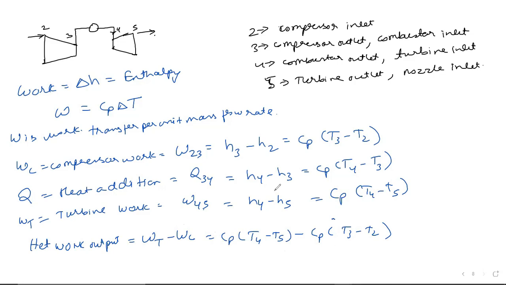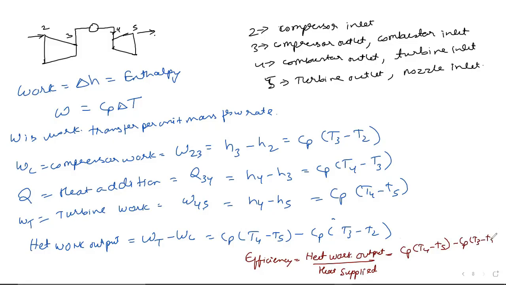So what is the efficiency? If anyone asks you what the efficiency is, the formula is based on how much heat you supplied, and how much work you have generated from that heat supplied. Net work output, which you already know is Cp (T4 minus T5) minus Cp (T3 minus T2), divided by heat supplied.